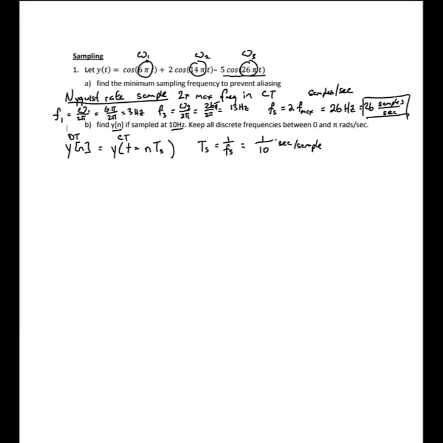So let's figure this out. Our y of n then would be equal to our cosine of, every time we see a t, we're just going to replace it by n t sub s. So copying this, we got 6 pi, and then we replace t by n t sub s, where t sub s is 1/10, plus 2 cosine. From up on top, we've got 14 pi, and then n times 1/10.